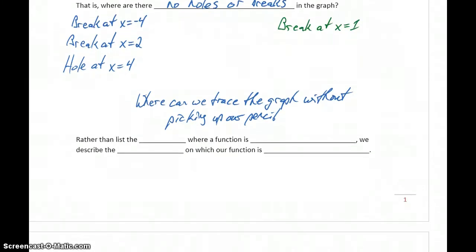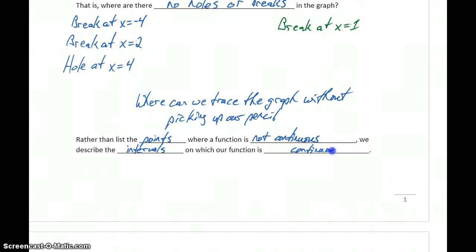Typically what we want to talk about is where our function is continuous. So rather than listing the individual points where our function is not continuous, which is what we did above, where there's some break or hole in the graph, what we want to do is describe or list the different intervals on which our function is continuous.